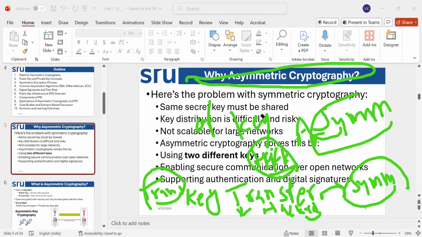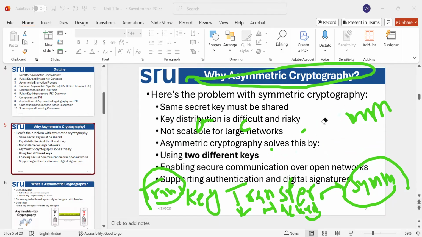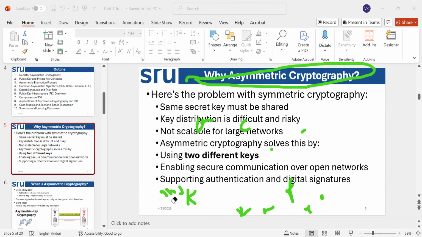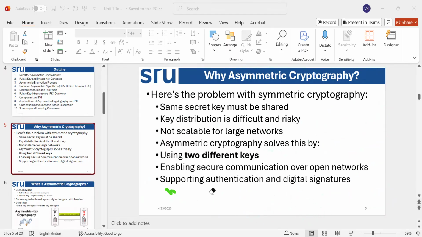Now we'll see the other reasons as well. What are the different reasons? The same secret key must be shared, and that is the problem in symmetric cryptography. Key distribution is difficult and risky.